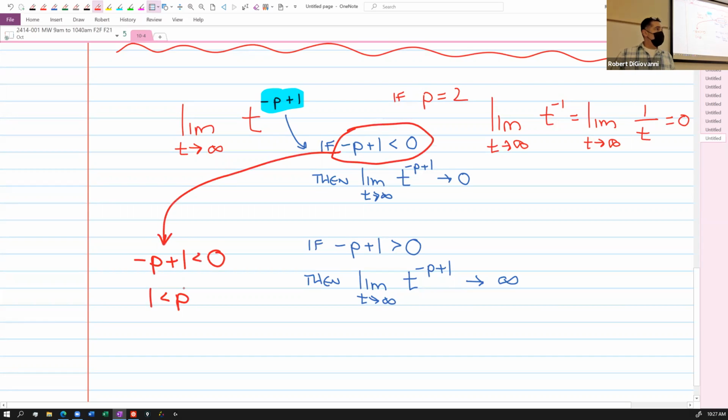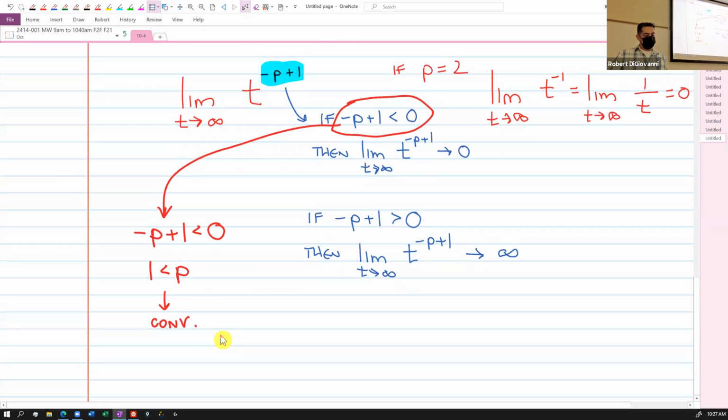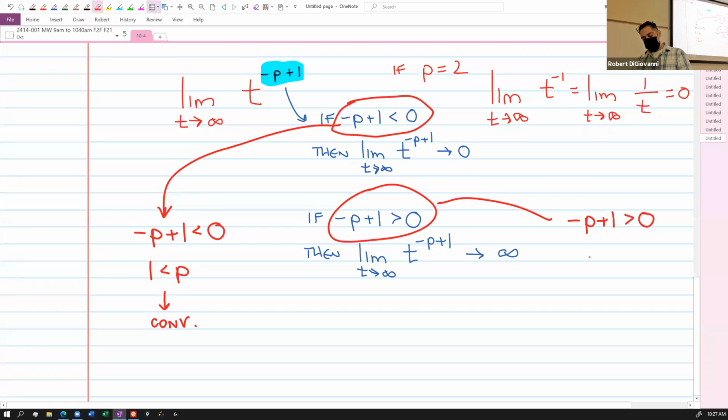So if p is greater than 1, then we get convergence of the limit. And then this one says, move the p to the other side, that if p is less than 1, we're going to get what? Divergence.